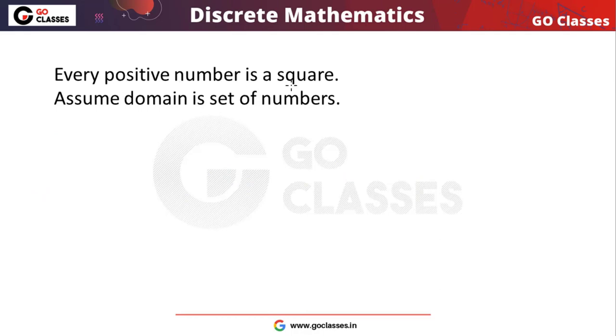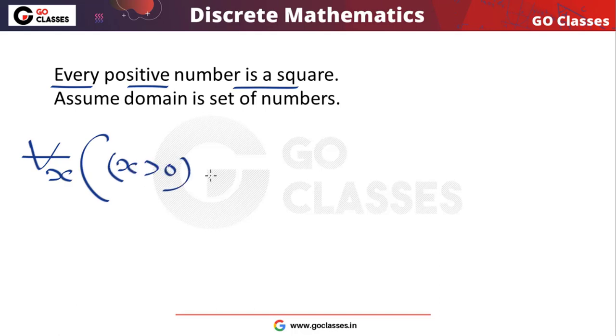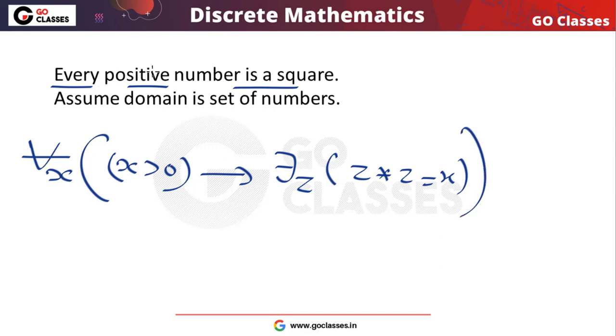Every positive number is a square. The domain is the set of all numbers. So I can say that for all x, if x is greater than 0, then there exists a number z such that z times z is equal to x. Square means, for example, if x is a square, then there exists a y such that x is equal to y square.